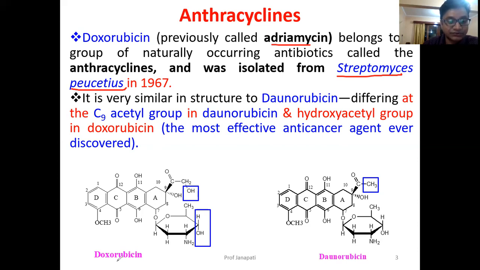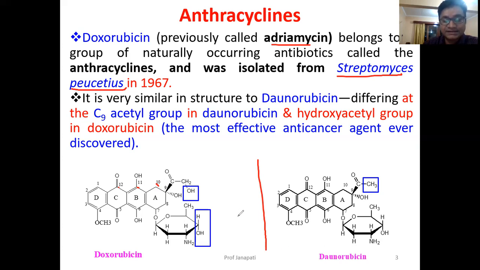This is doxorubicin. Now, you can see numbering, 1, 2, 3, 4, 5, 6, 7, 8, 9, 10, 11, 12. At the ninth position, these are the two structures we placed in this slide, doxorubicin and daunorubicin.